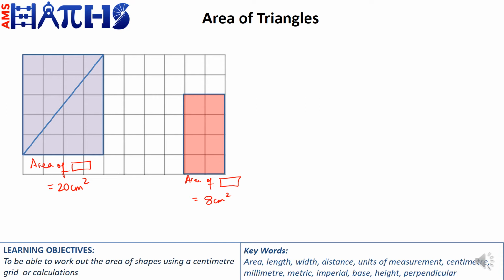So I'm going to count the squares in the triangle. So starting: 1, 2, 3, 4, 5, 6, 7, 8, 9, 10.